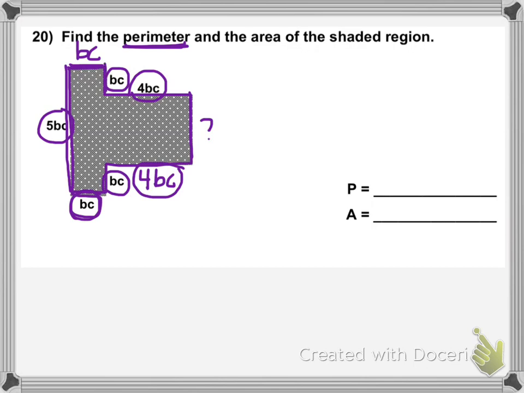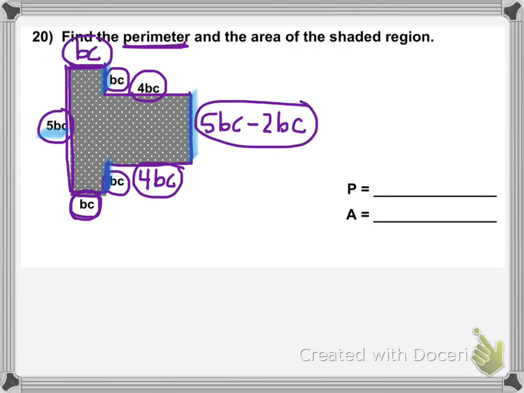If I take off the BC up here and the BC down here, BC and BC, if I subtract those from the 5BC, that should be the length of this side. So this side is going to be 5BC minus the 2 BCs, the 1 BC on the top and the 1 BC on the bottom. All right, so I have circled my 8 side lengths.